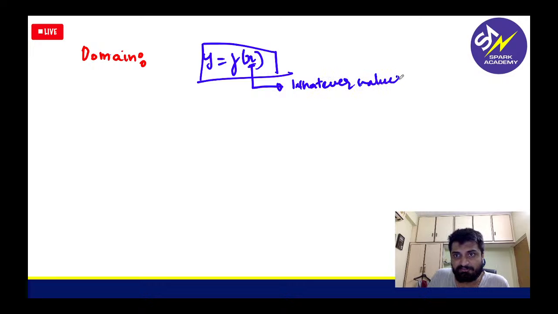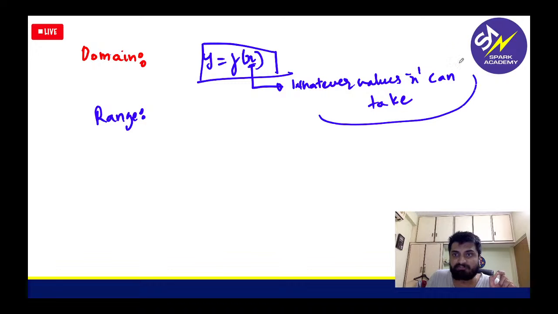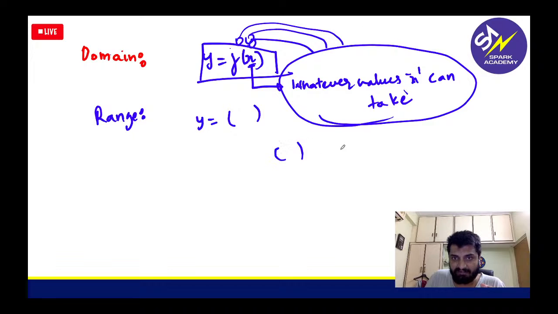Whatever it can take, that means it is possible, right? So that is called the domain. Range is what? After substituting all possible values of x, whatever y values you're getting, that is called the range.